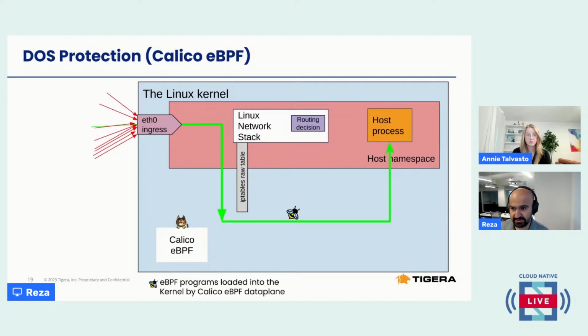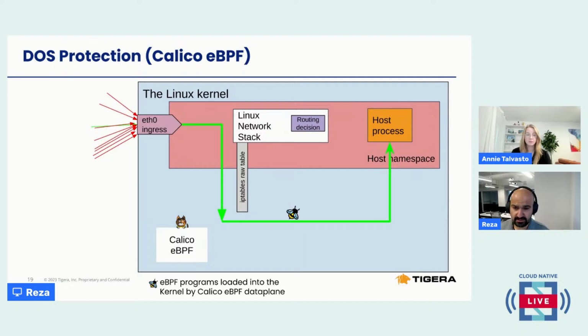Now, what happens when a DOS attack starts? Well, XDP integration allows you to interact with these packets at several points in your environment.